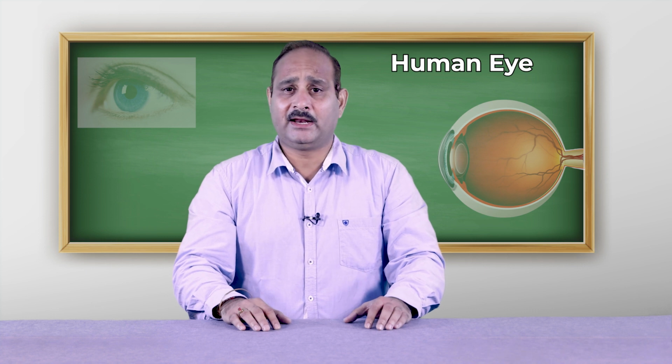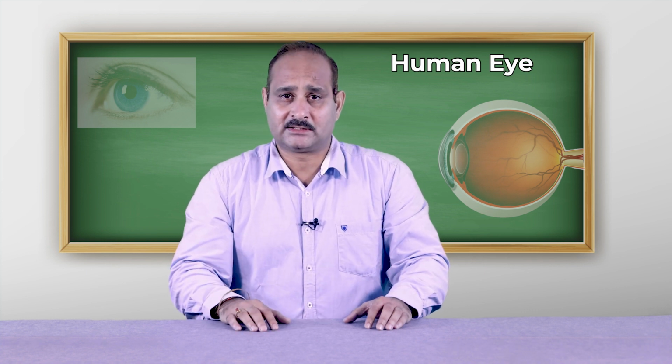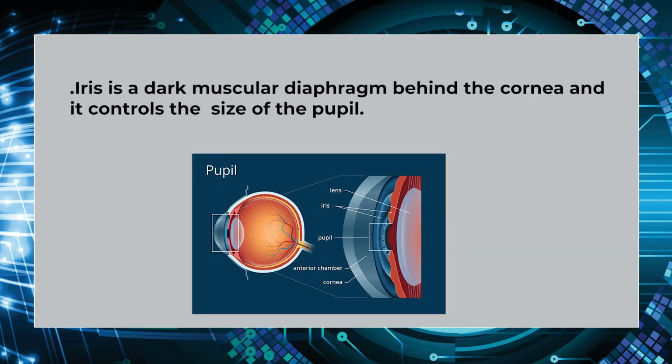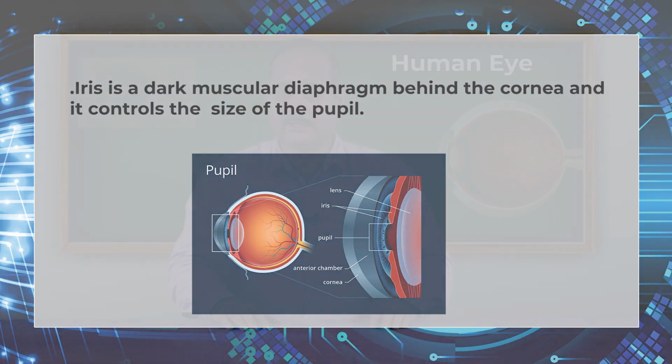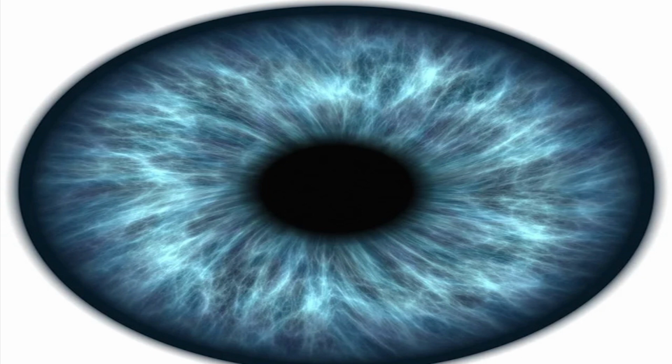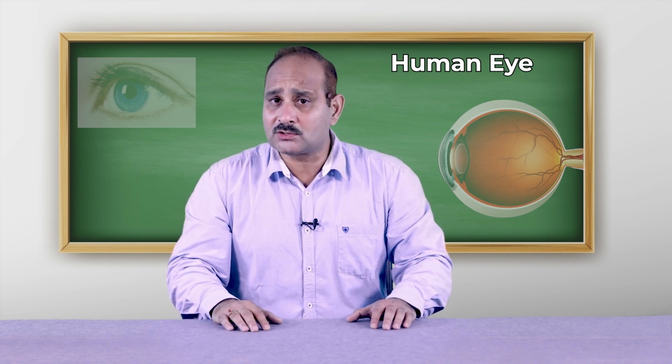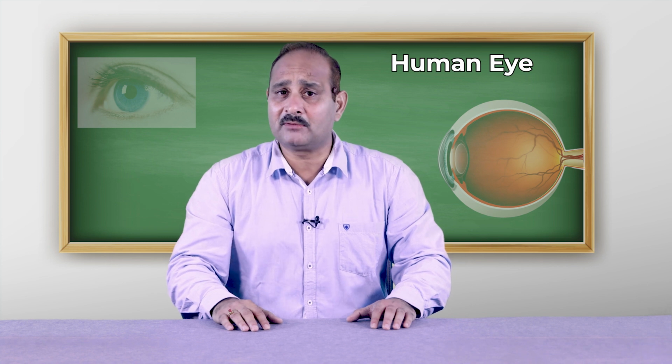Dear children, next part is the iris. Iris is a dark muscular diaphragm behind the cornea. It controls the size of the pupil. Dear children, behind the pupil there is an eye lens, which is also known as the crystalline lens. It is converging in nature and it is composed of a fibrous jelly-like material.